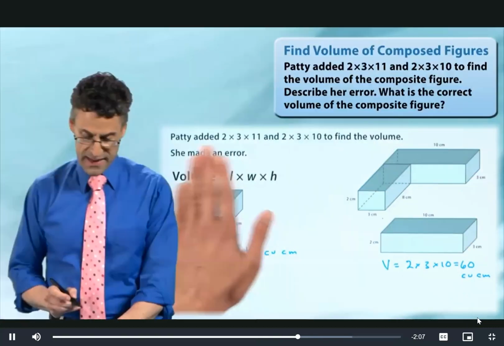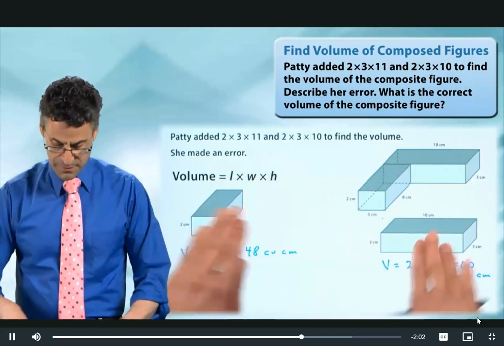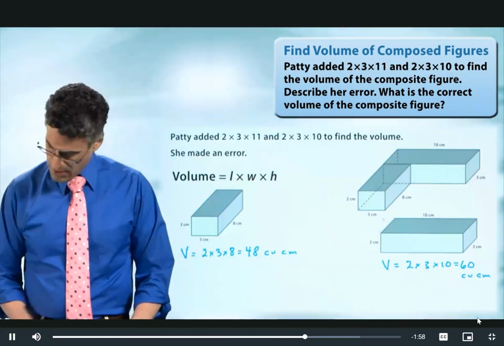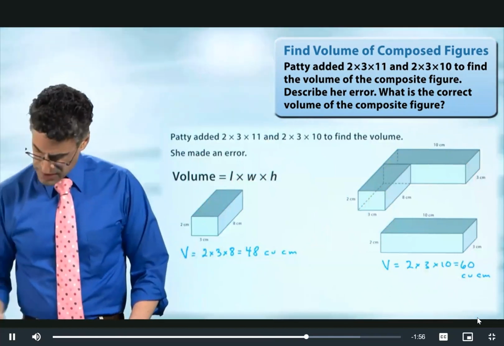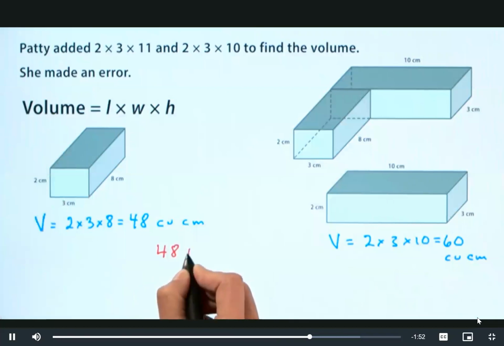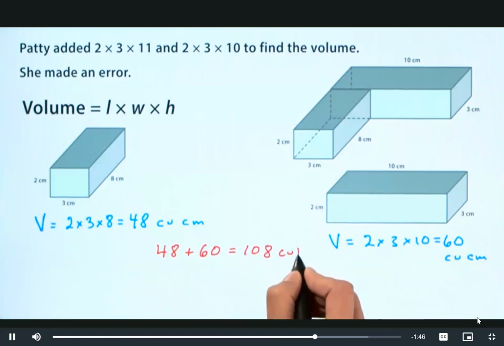Well, Patty tells us what to do. She wants to add these two, because if you take the volume of this piece and the volume of that piece and add them together, you get the volume of the whole thing. And so what we want to do now is actually just add those numbers, and that's really straightforward. We just take 48 and we add 60, and we see 108 cubic centimeters. And that is the answer.